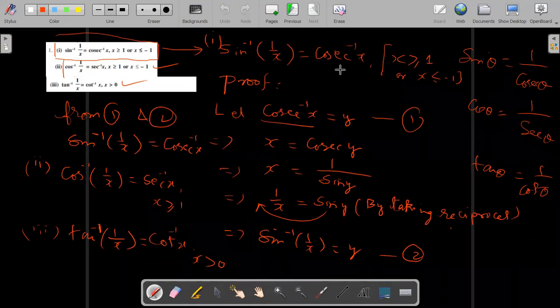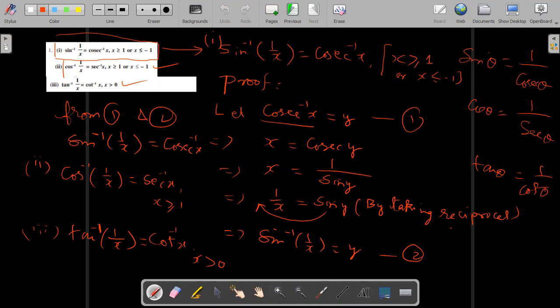We have seen these formulas. Again, I think the screen was not properly shared. So again, see: sine inverse 1 by x is equal to cosec inverse x.